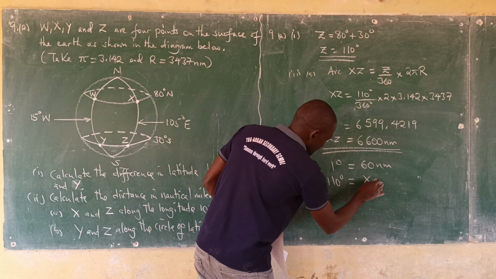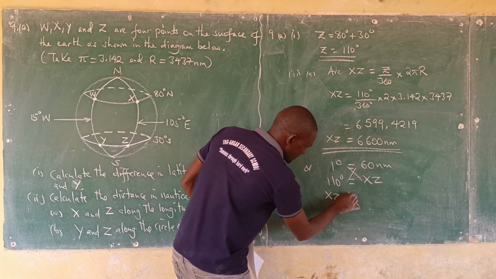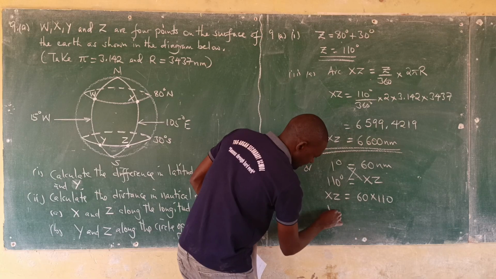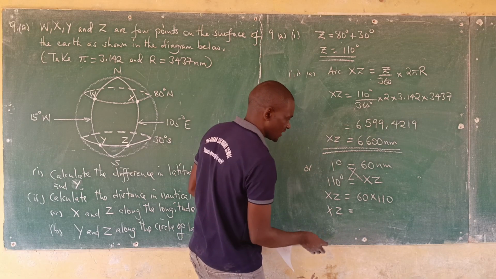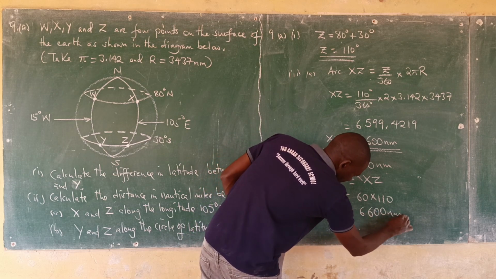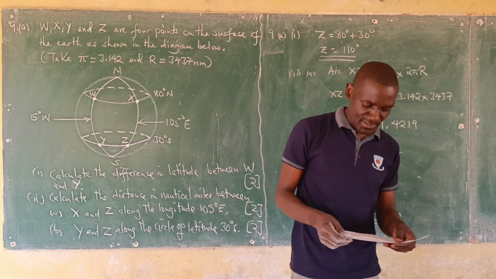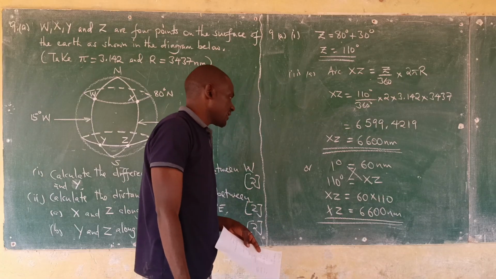Here I'll put XZ. If I do cross multiplication, XZ is simply 60 times 110. And if you do this multiplication, this is just 6,600. So we are just finding one and the same thing. Very quickly, we go to the next part.